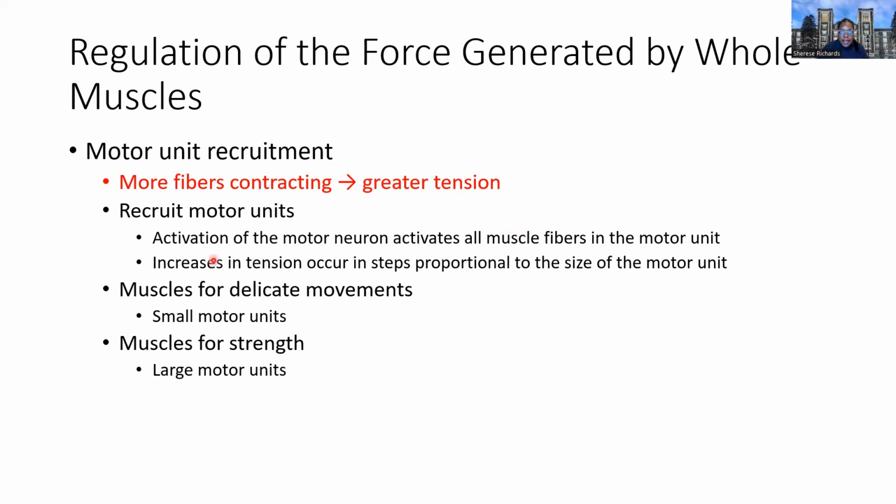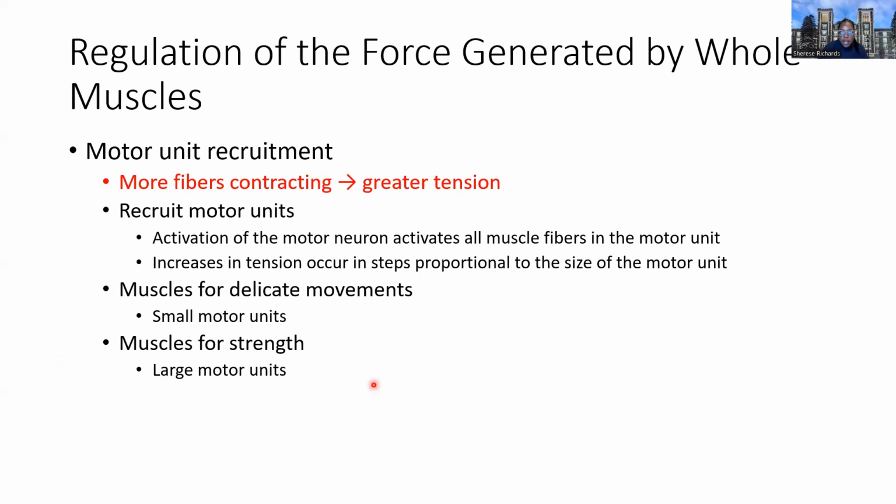And if we think about delicate movements, small movements like the movements of the eyes, movements of the fingers, these are going to be associated with smaller motor units. And when we say smaller motor units here, we mean that the size of the neuron will be smaller, the diameter of the fibers will be smaller, the number of fibers will be smaller. So smaller motor units are typically associated to smaller muscles with more delicate or fine movements.